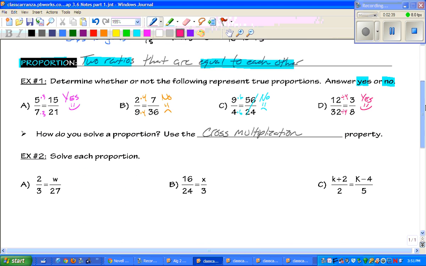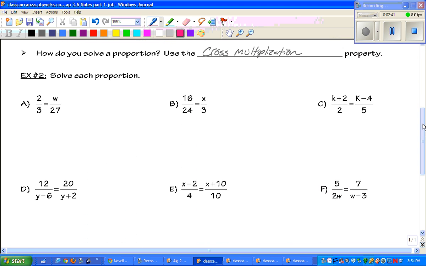Now, what we're going to be working with mostly is solving proportions. And the way to solve proportions is using cross multiplication. Okay? So, let's take a look at how that looks. You need to multiply 3 times W and then 2 times 27.